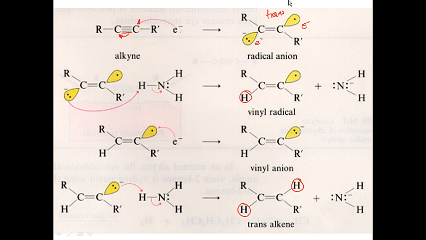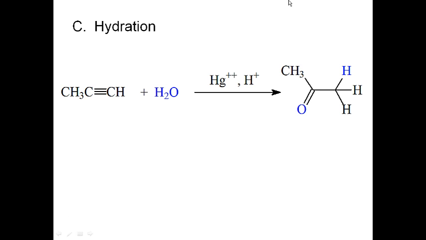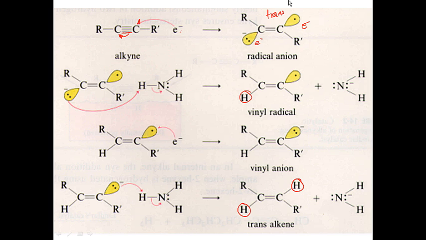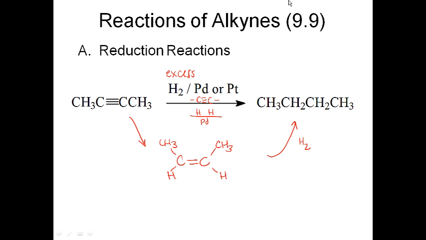Do you need to know it? No, but if you get stuck and you don't remember whether sodium and liquid ammonia adds trans, think about what happens with the naked electron adding to a triple bond: I get two lobes and they have to be trans to each other. Just to go back for a second: to reduce a triple bond all the way down to the single bond, use hydrogen, palladium, and platinum.